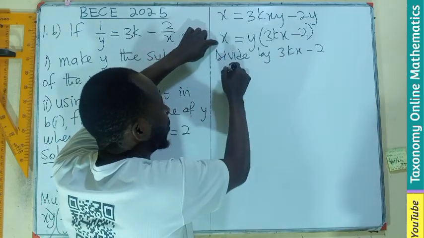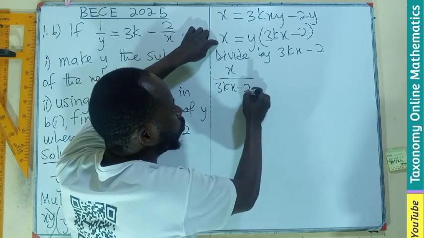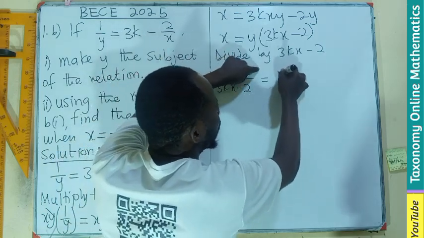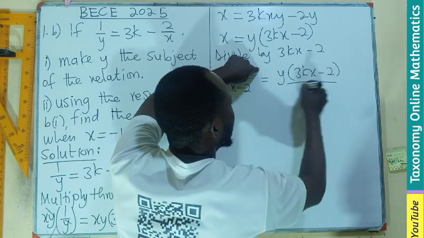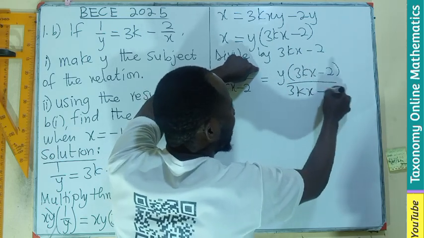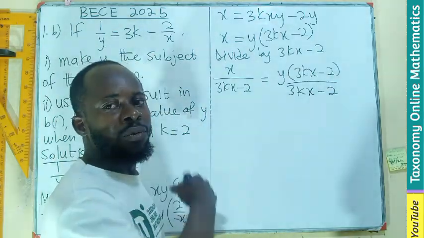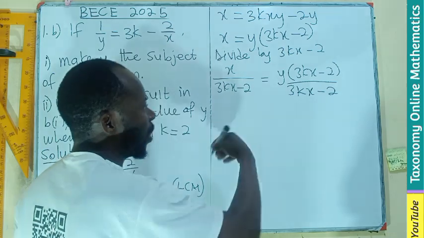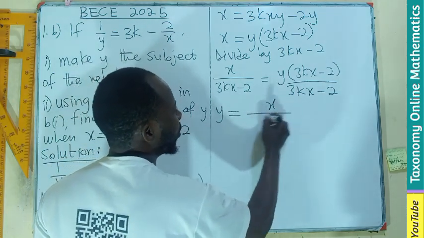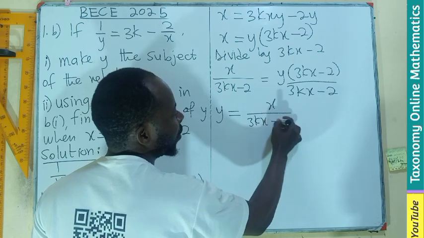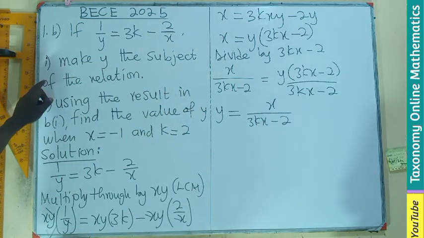That means I should be having x divided by 3kx minus 2 equals y times 3kx minus what? 2, divided by 3kx minus 2. Remember, this is cancelling. What will be left? It will be left with only y on the right. It can also come to the left as y equals x on top, then 3kx minus what? 2. That gives you the first part of the question.